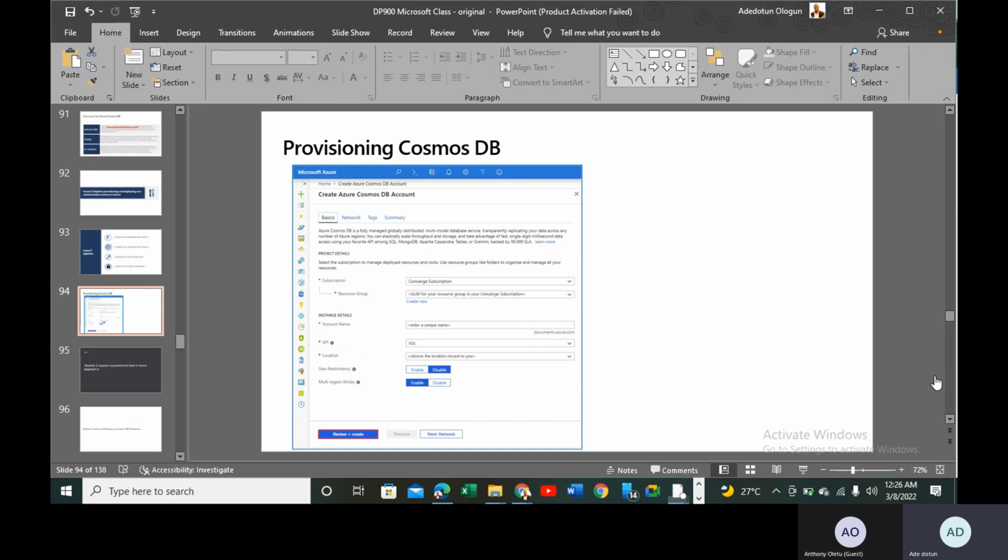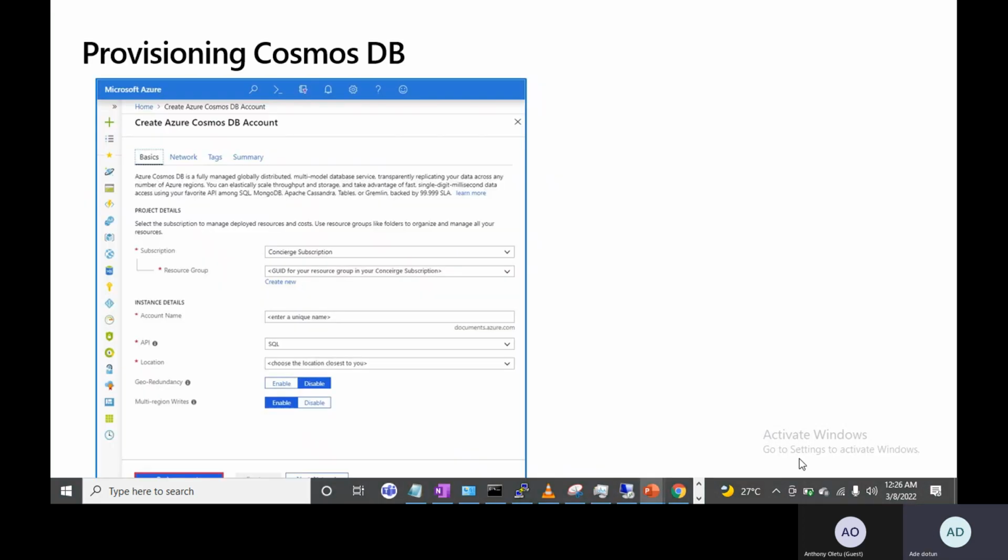Okay, so this slide is just showing us the process we went through. There's something I want us to look at there.